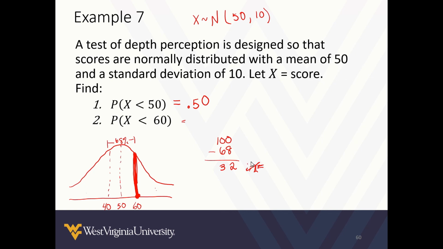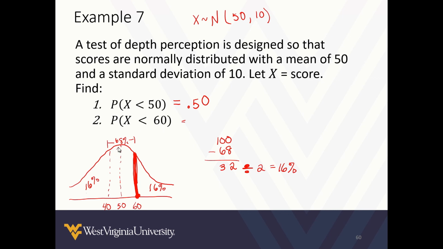Let me rewrite that a little neater. So that means that each of our two tails are going to have 16% of our data. And we are interested in knowing the probability of x less than 60.